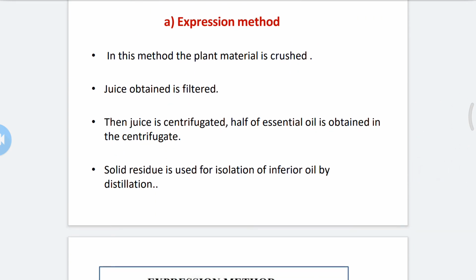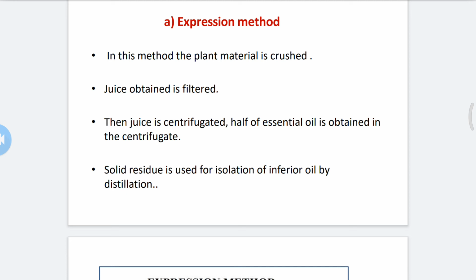Next, isolation of essential oil. The first method is the expression method. In this method the plant material or leaves are crushed and the juice obtained is filtered. Then the juice is centrifuged.